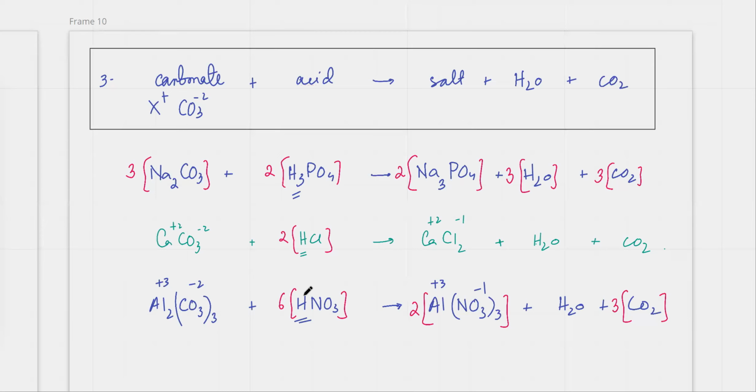Again, the easiest to balance next one is H. 6 hydrogens, multiply this by 3. So that's also balanced. And oxygen would balance itself automatically. So you've got 9 oxygens and there are 18 oxygens over here. So that's 27 oxygens.